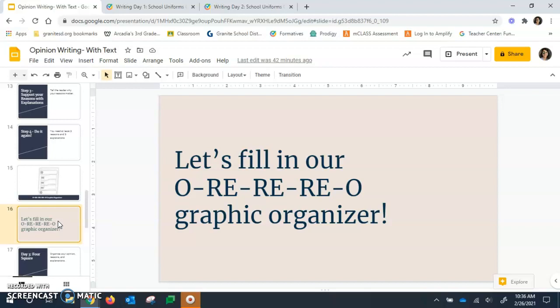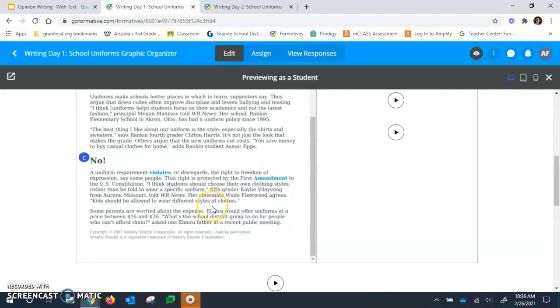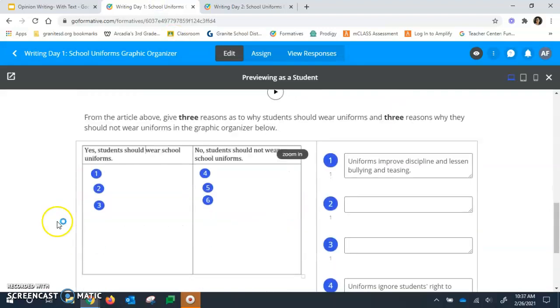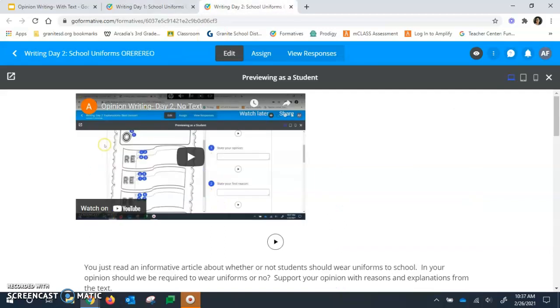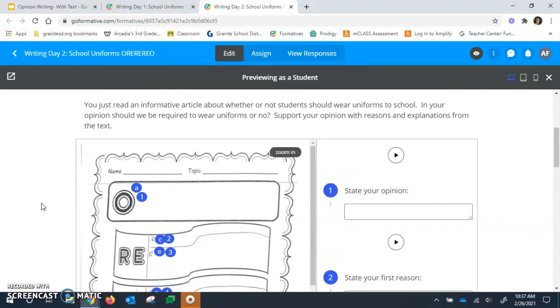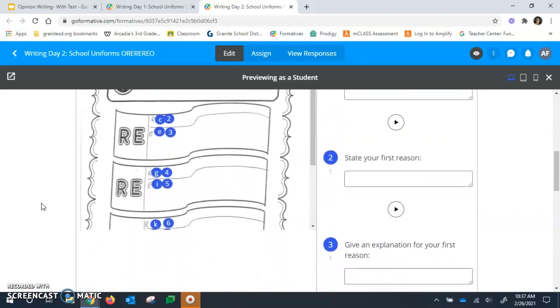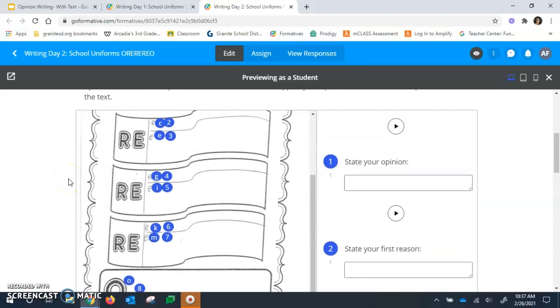So let's go fill in our graphic organizer. So I'm going to have Writing Day 1 open because that is where I had my different sides, my 3 reasons for both sides as to why students should wear uniforms or not. And I'm also going to have my Writing Day 2 open. So here we see our graphic organizer.